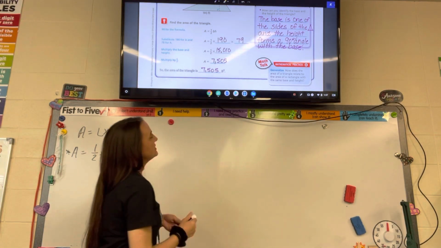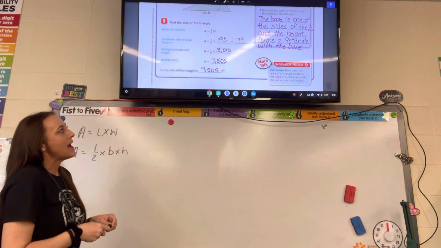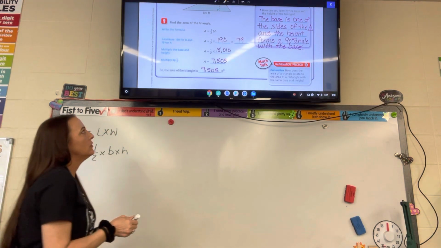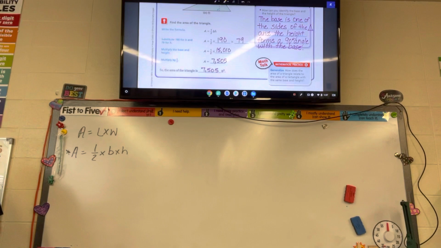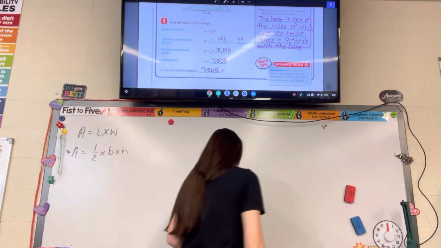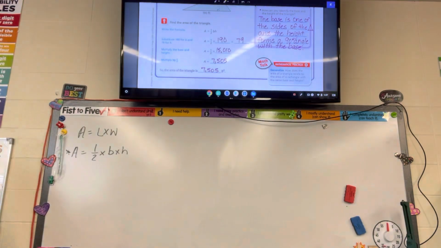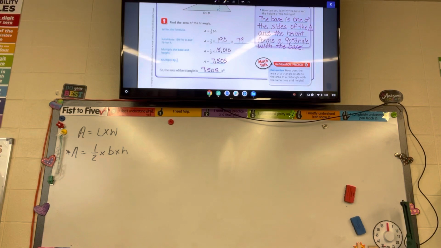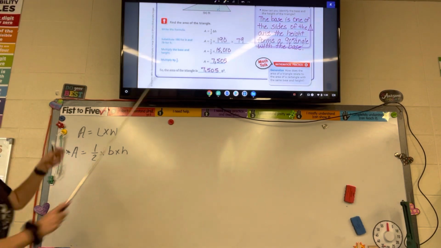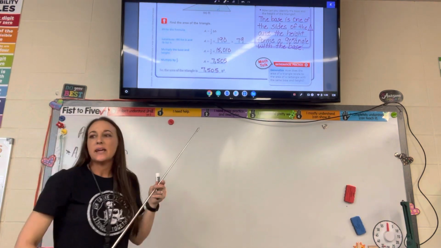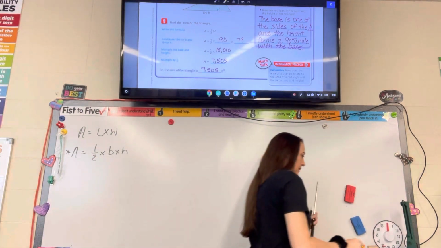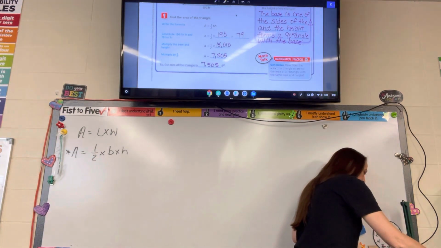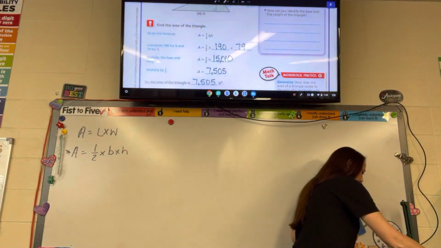The base is one of the sides of the triangle, and the height forms a 90-degree angle with the base. Do you see in that triangle this little box right here? That's what indicates that it's a 90-degree angle. If you didn't get that finished, I'll come back in a little bit and let you copy it down.